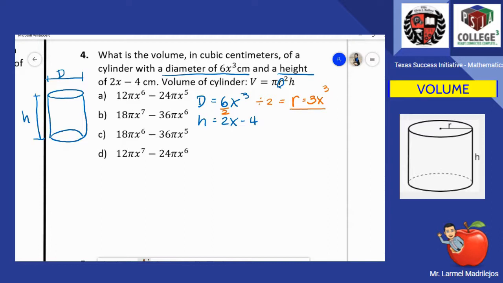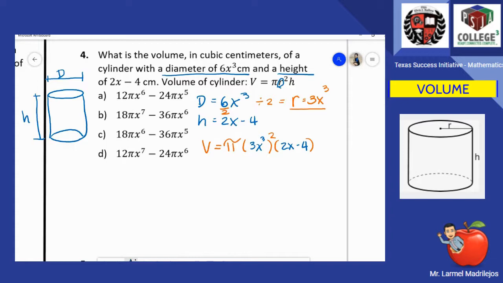I'm going to use the formula V equals pi. Now, the radius, I'll put parentheses, square. The radius is 3x to the cube. And my height is 2x minus 4. Remember, we're using radius. We're not using the 6x cube anymore.